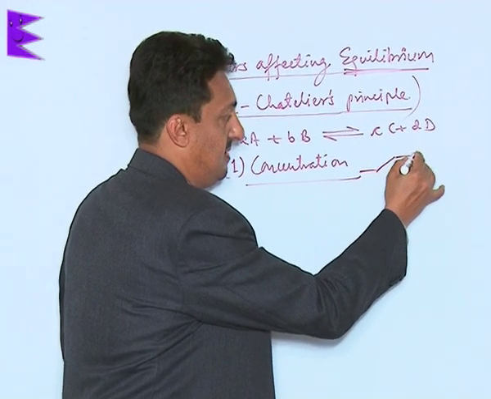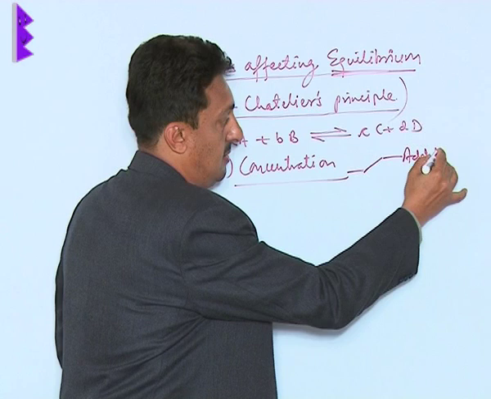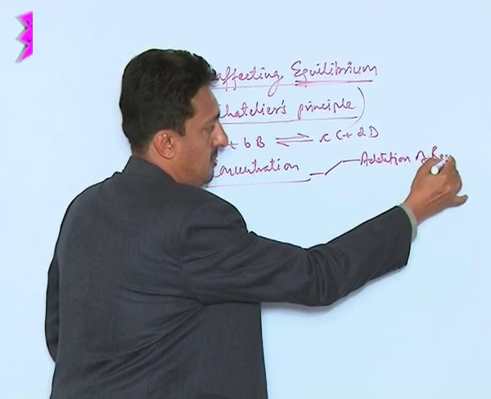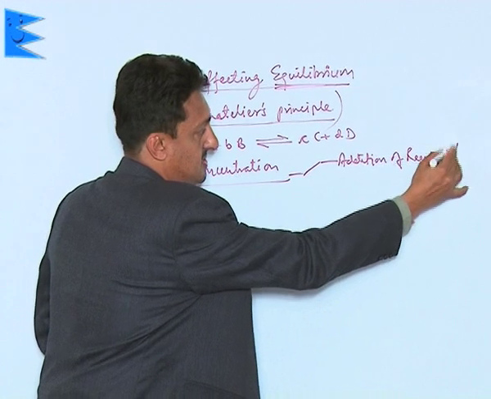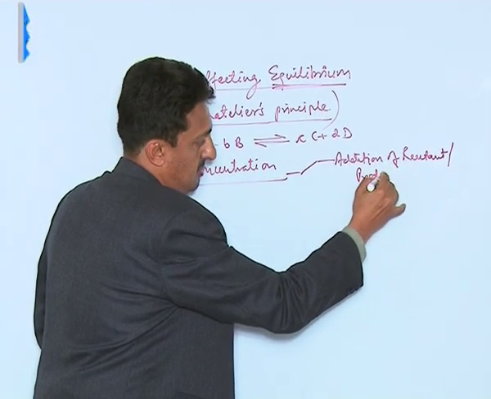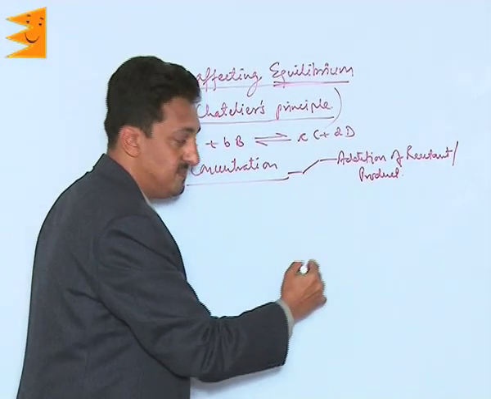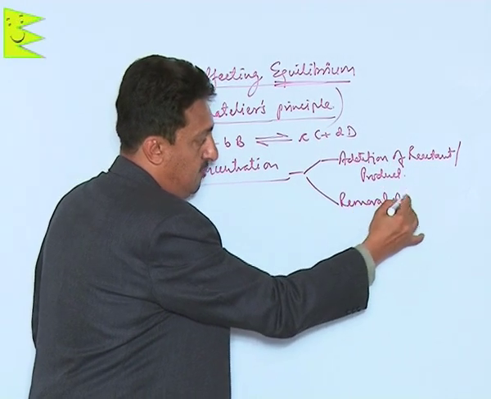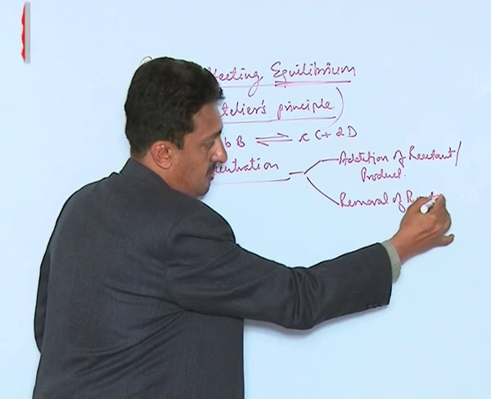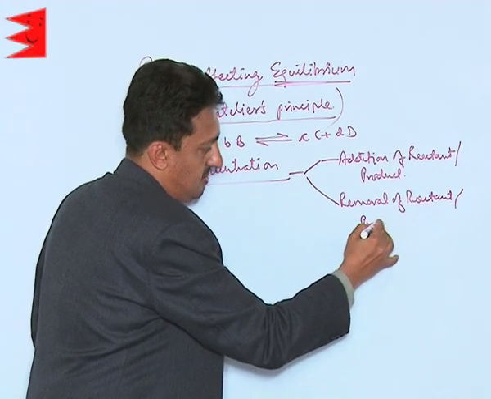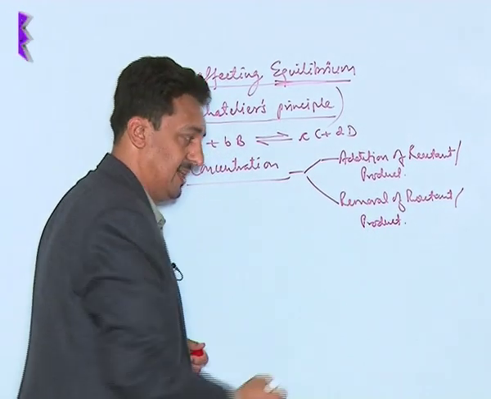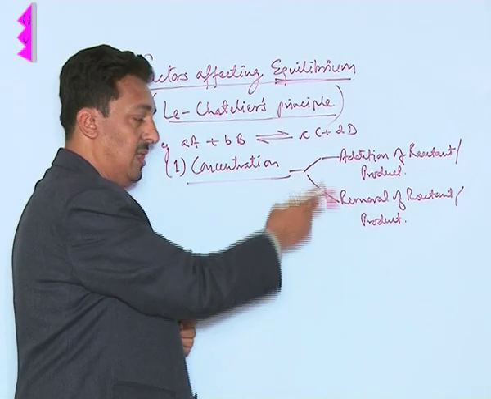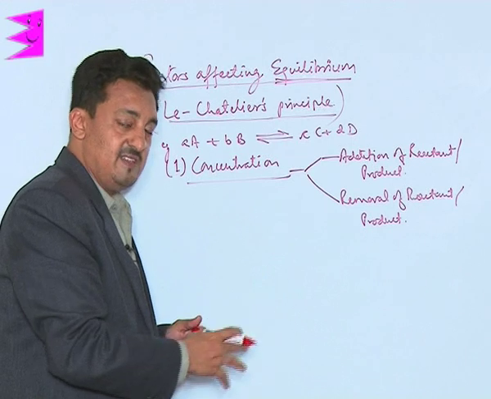Either addition of a reactant or product is done, or removal of a reactant or product is done. Now we have to see these two one by one, how they affect the state of equilibrium.